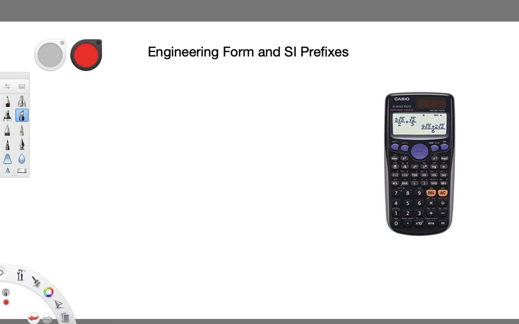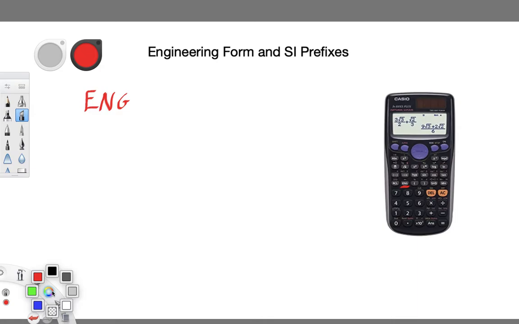On your calculator, if you've got the Casio one or any scientific calculator, you should see a button that has ENG on it, and that means engineering form.